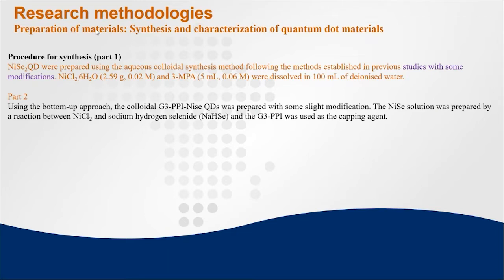produce? So I've made an example here saying this is a procedure 1 whereby we are synthesizing a quantum dot using a colloidal synthesis. But if you're reading this correctly, you will see that yes, we have adopted a method from the previous work, but because we want this work to have our signature, we modify the procedure to fit our standard.